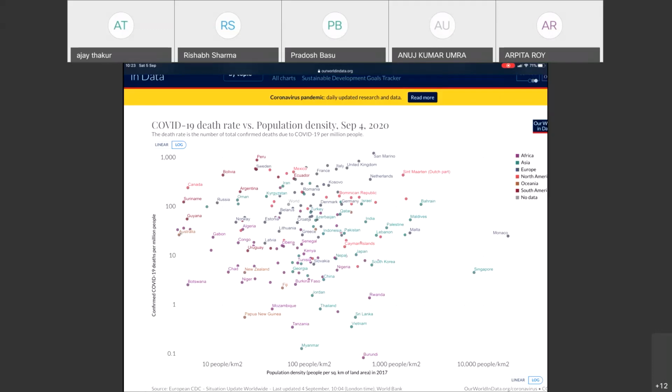Say if you look at a country like Singapore, which has a very large population density, but the healthcare measures are very good, and the per capita spending on healthcare is also very high, plus incidences of such epidemics in the past have been very low.